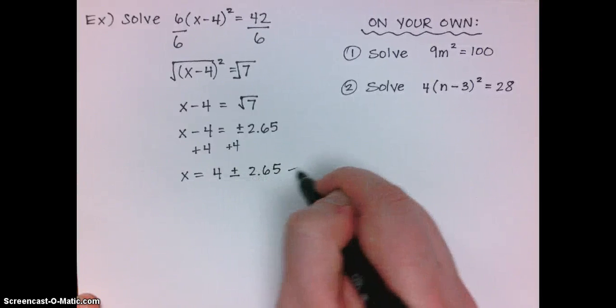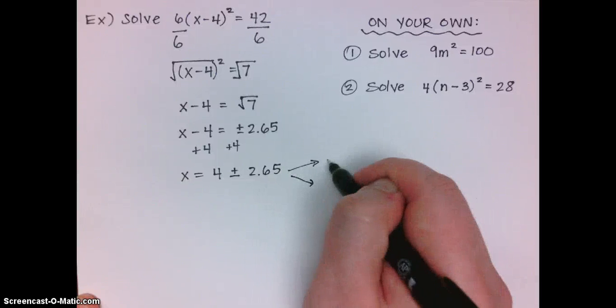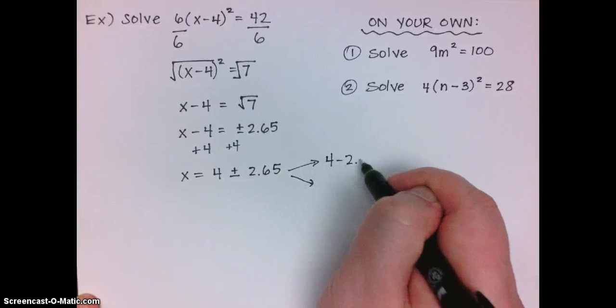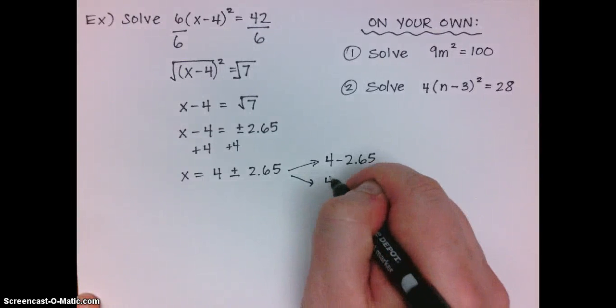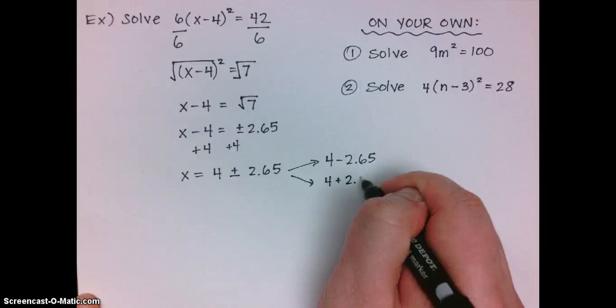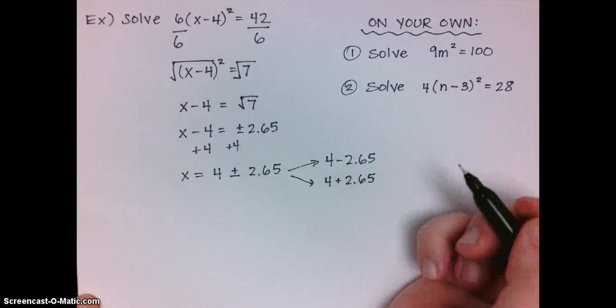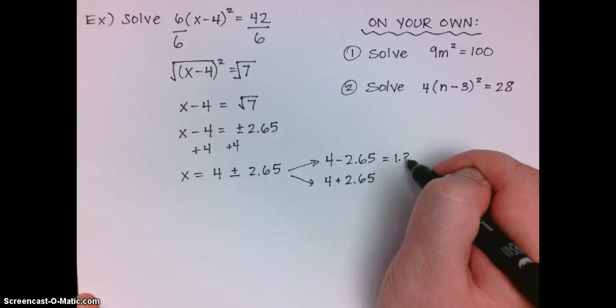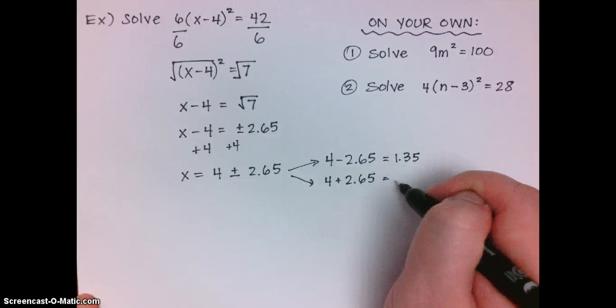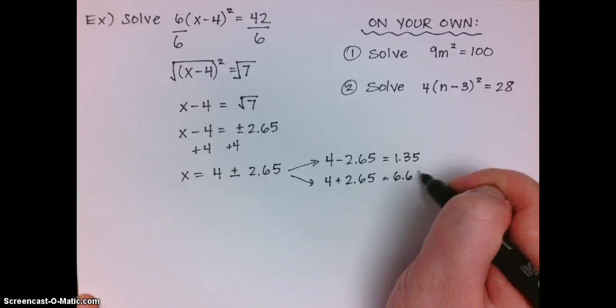So what this means is it's going to be 4 minus 2.65 as one of my solutions, and it's also going to be 4 plus 2.65 as another solution. This is equal to 1.35, and this one is equal to 6.65.